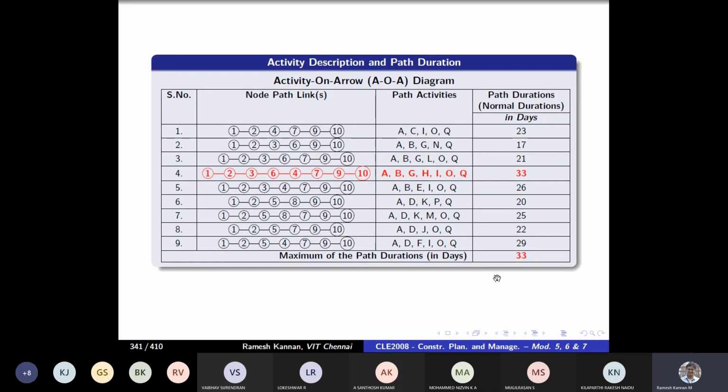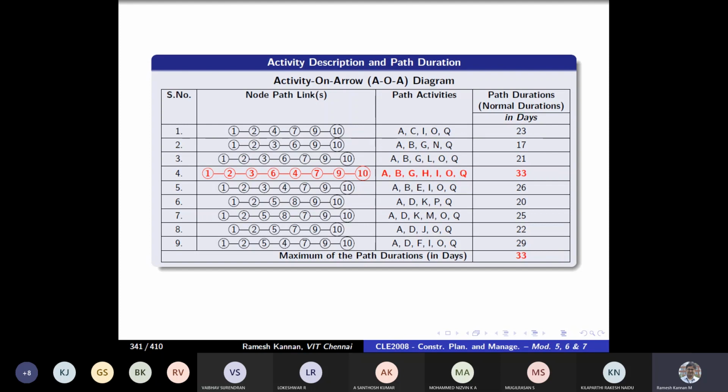For CPM, you have to find earliest activity time and latest activity time, earliest event occurrence time and latest event occurrence time, and find the total float or total slack. Activities having zero slack will be critical activities. So you have to formulate it that way. But for this, least cost scheduling is a very iterative process.